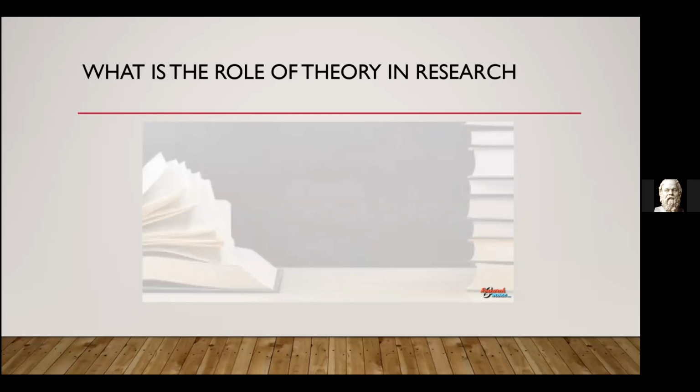Predictions are often stated as propositions in qualitative studies and as hypotheses in quantitative studies. A proposition is simply a statement that predicts a relationship between two or more concepts and constructs, whereas a hypothesis is a statement that predicts what the researcher expects to observe in the real world through empirical research.